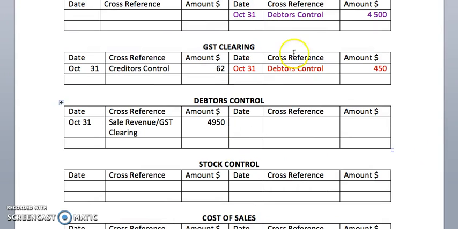So we've got our sales revenue that's matched, and we've got our debtors control that is matched as well. Our GST that is matched. So the total amount is going to add together. So these two and our debit entry, so our debits and credits are equal.